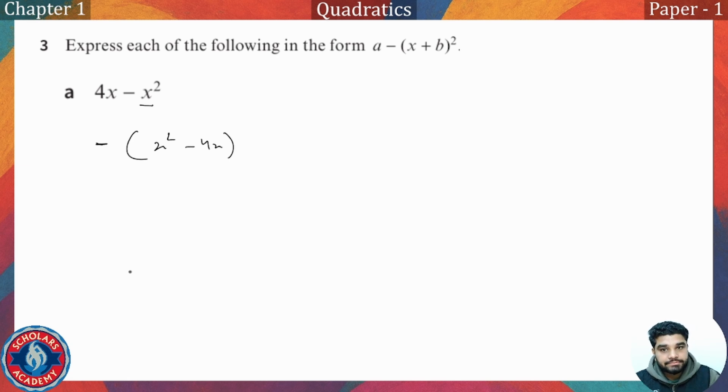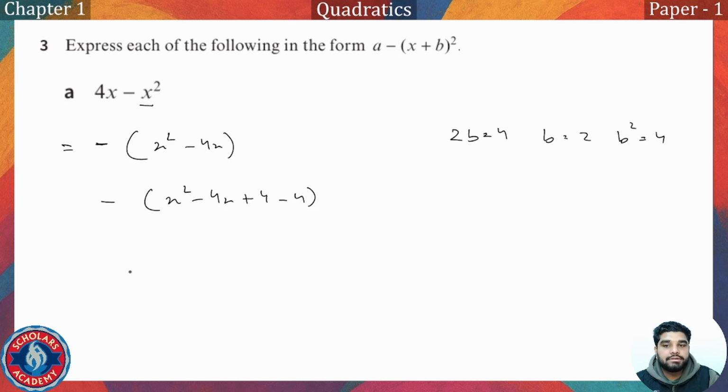Let's try. So continuing like this. The 2b term is 4 and we have a negative, so it will be a minus b whole square. So we get x square minus 4x. 2b is 4, b is 2, b square is 4, right? So plus 4 minus 4, right?